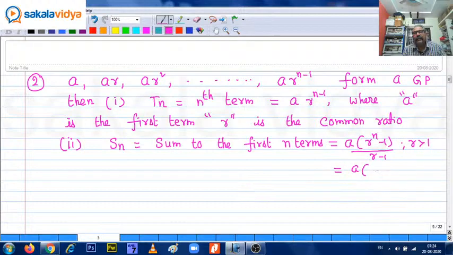This can also be written a into (1 minus r to the power of n) upon (1 minus r), when mod r is less than 1. Two conditions are there, when r is greater than 1 and when r is less than 1.